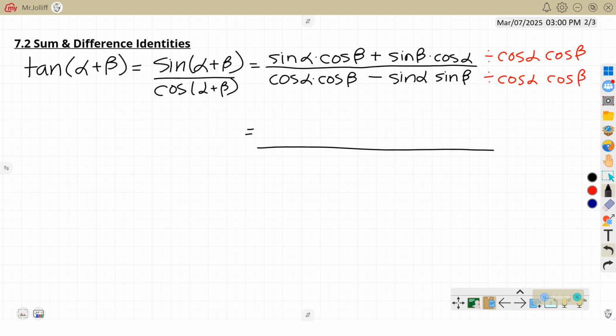So that first term in the upper left, sine alpha times cos beta divided by cos alpha, cos beta. And I spy something that cancels. This is going to get pretty in a second.